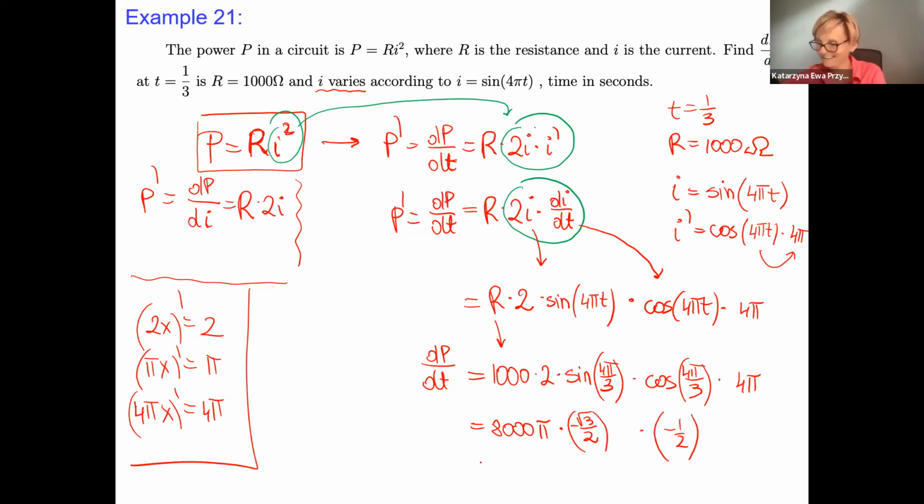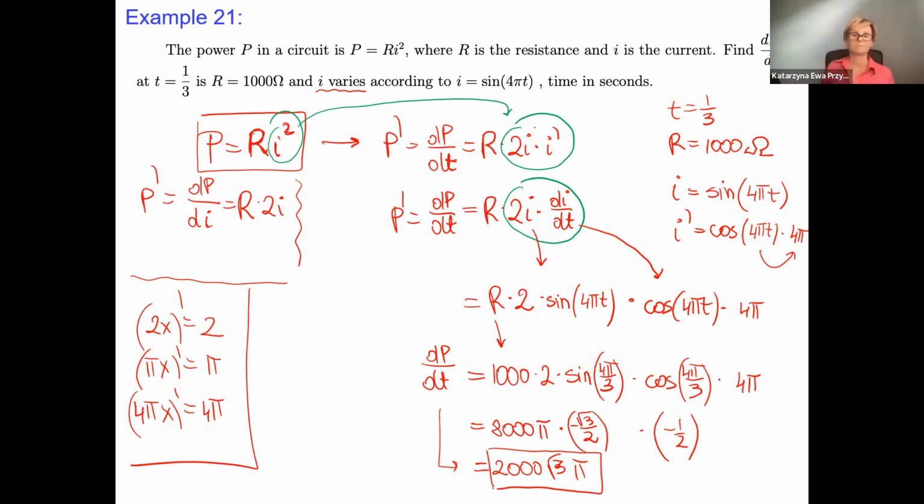I hope. 2 times 2, 4, that means this will be 2000. I can cancel out, negative and negative is positive: 2000 pi times square root of 3. I can maybe write 2000 square root of 3 pi. Okay, this is the rate of change of the power with respect to time.